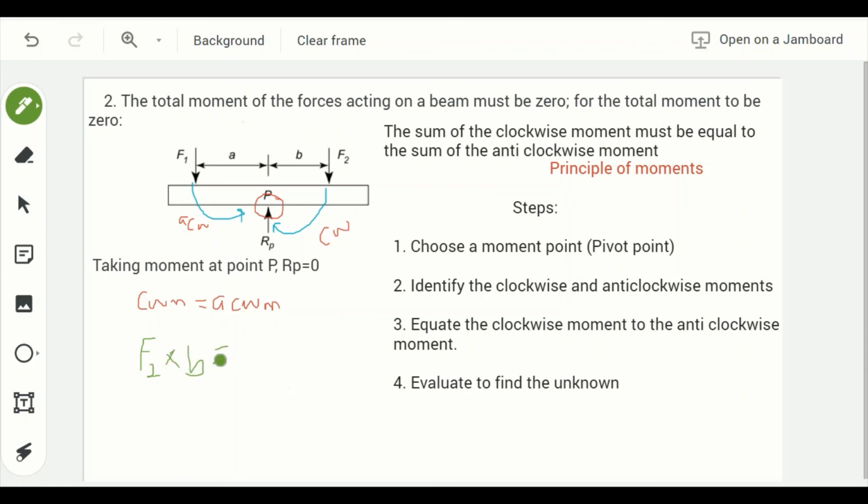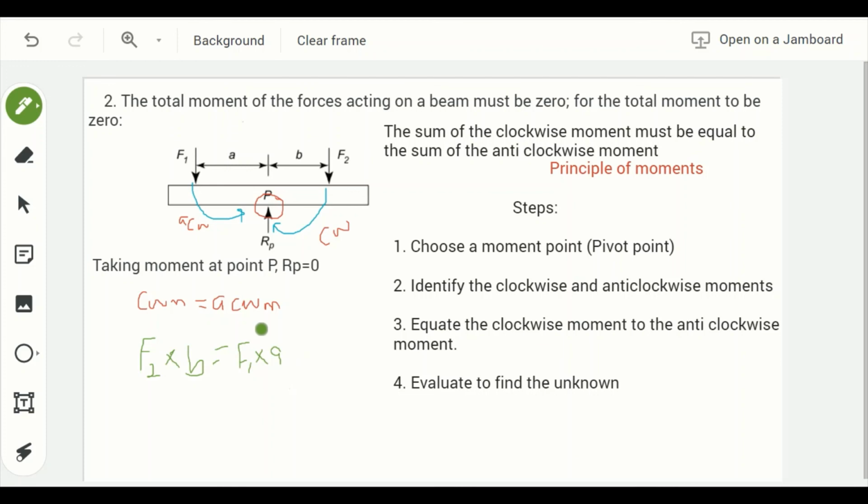So for my anti-clockwise, it will be F1 times the distance from F1 to the pivot, which is A. So F1 times A.